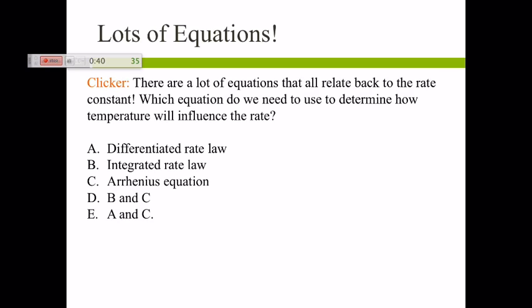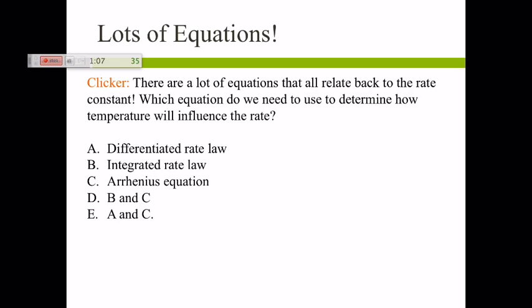What relationship does the differentiated rate law allow us to explore? Megan? Differentiated rate laws, we have a lot of them, right? Zero, first, second order. Brianna, what do they allow us to explain relationships between? Like rate order and rate constant and concentration.